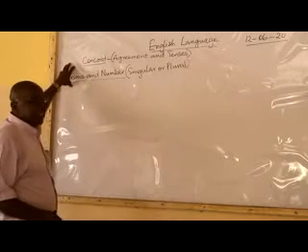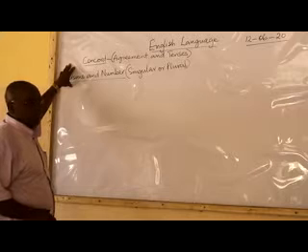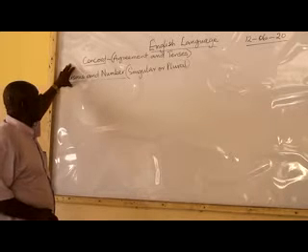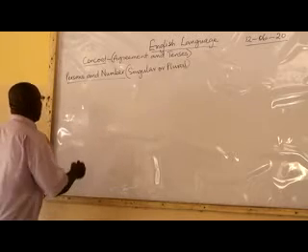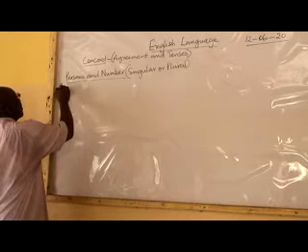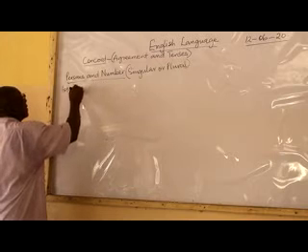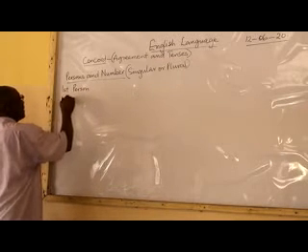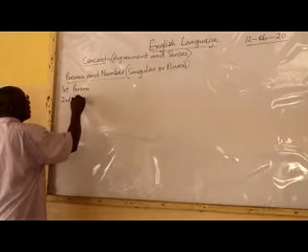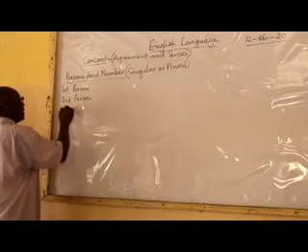The persons in English language, there are three categories of persons in English language. So, we have the first person, we have the second person, and we have the third person.